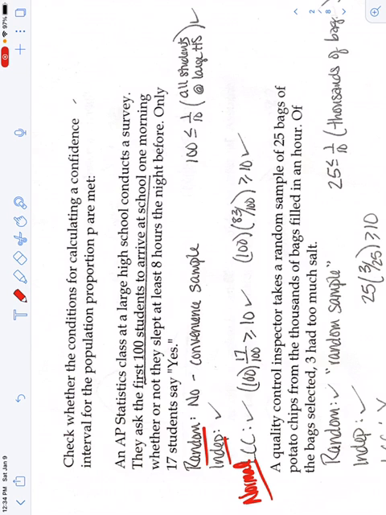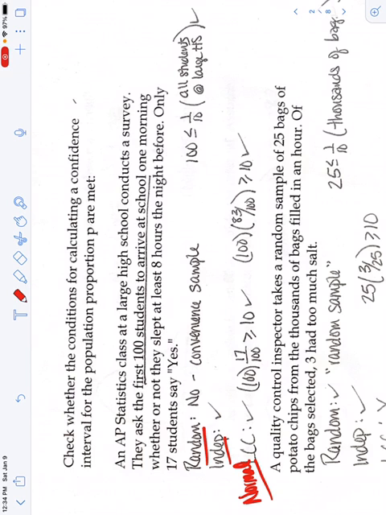All right, random. No, this is not random. This is a convenience sample. They asked the first 100 students to arrive at school. Now think about how that's going to skew your data. If I'm talking about who slept at least 8 hours, the first 100 people to arrive at school might be the most rested, most prepared, most responsible, whatever.